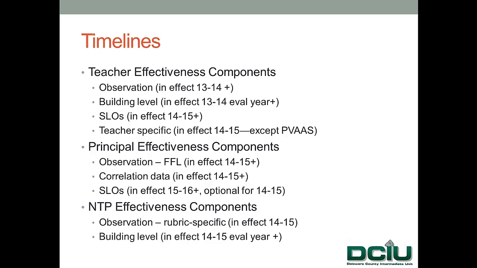Those are now in effect in 2014-15, and the 20% student performance data, which is the other component of the non-teaching professional effectiveness rating system, that is in effect for 2014-15 evaluation year. Much like the building level data from teacher effectiveness, that data will be available in the fall of next year.